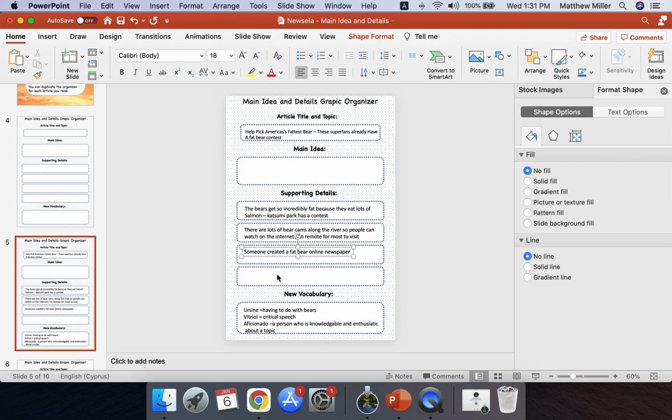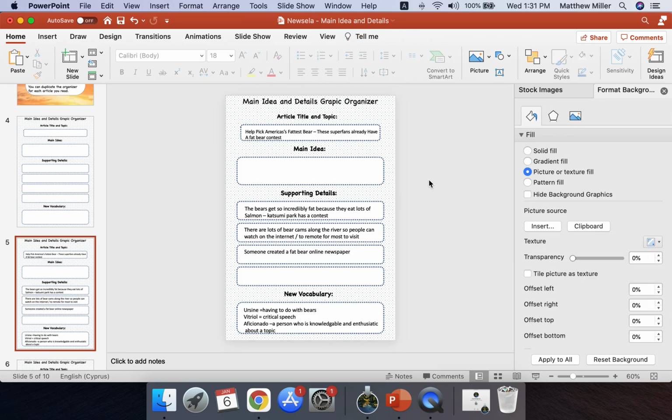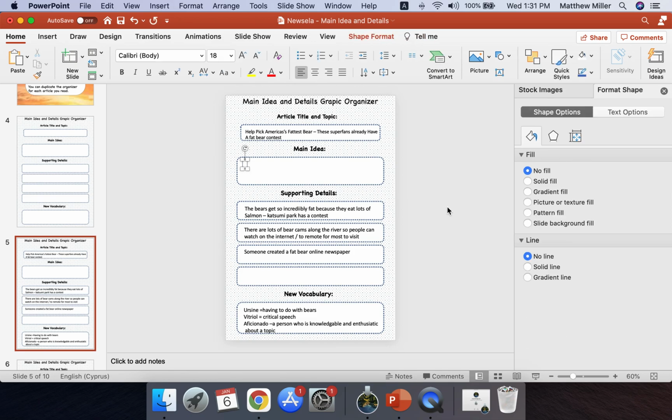So anyway, is this article really about the bears? Well, yeah, it is about the bears, but it's about the people who watch the bears, right? So the main idea is there are a lot of people who enjoy watching, what do they like to watch?